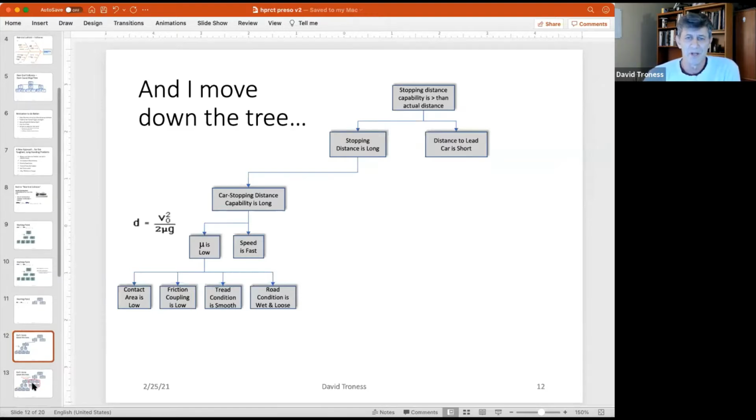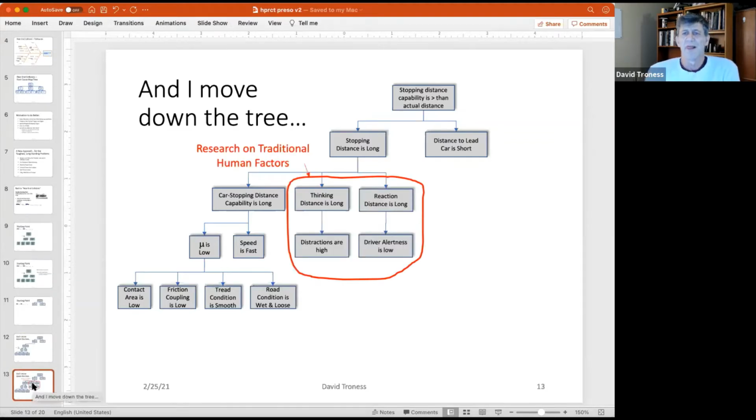And so there come some human elements, that could be found through a study of human factors, for instance. And I put in a very pedestrian term, the thinking distance.